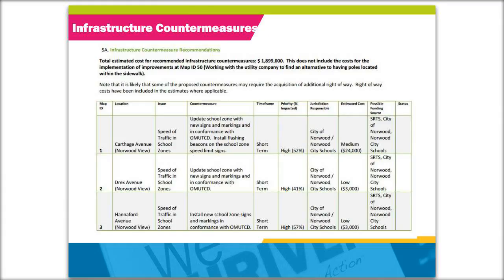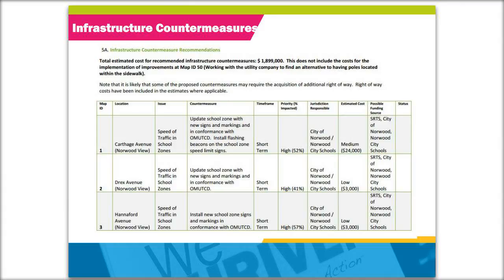This is a sample infrastructure countermeasure table that will be created within your school travel plan. Because they're all mapped, all of the countermeasures get a number. You're going to identify the location of it, what the issue is in that area, and what the countermeasure is, so how you're going to address that issue.